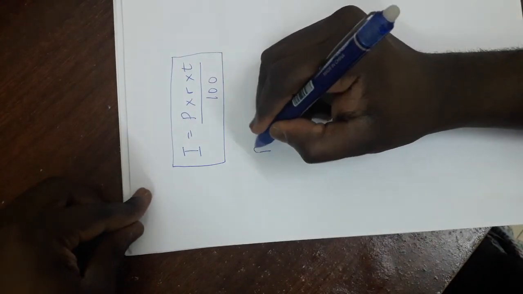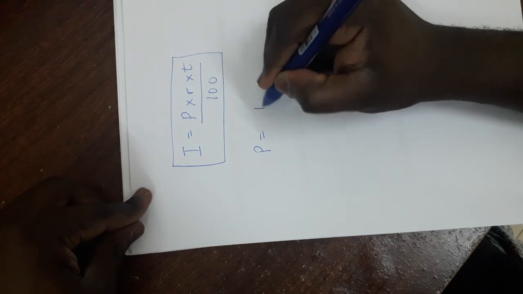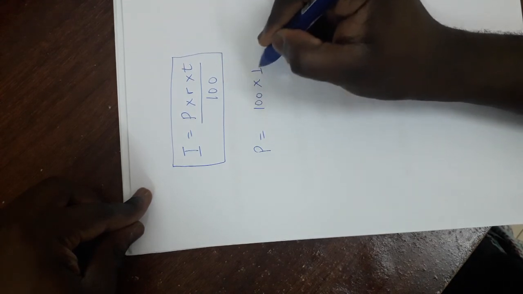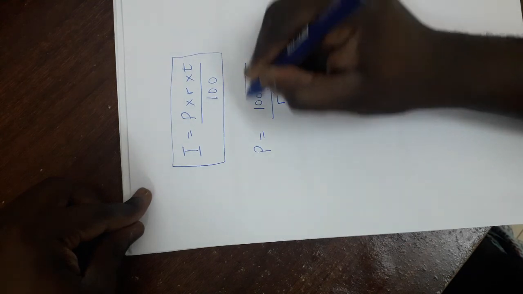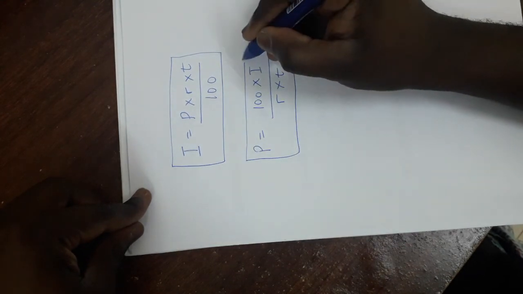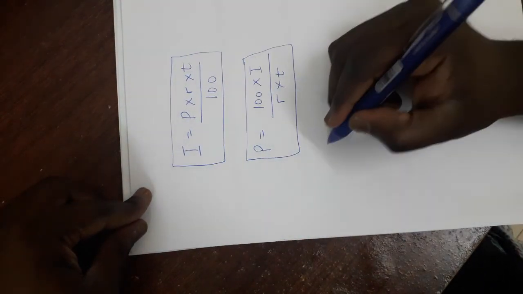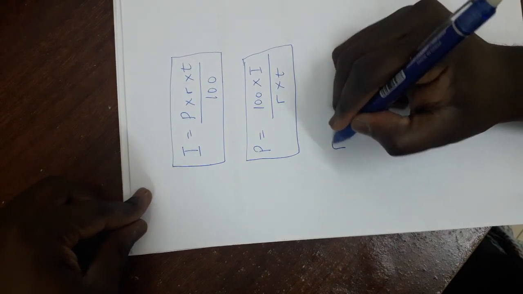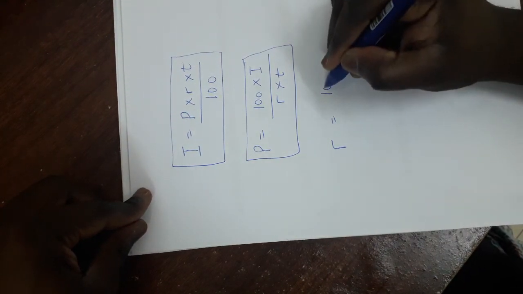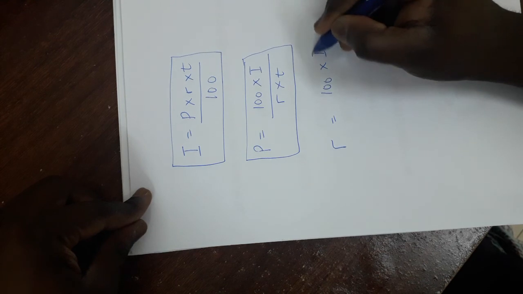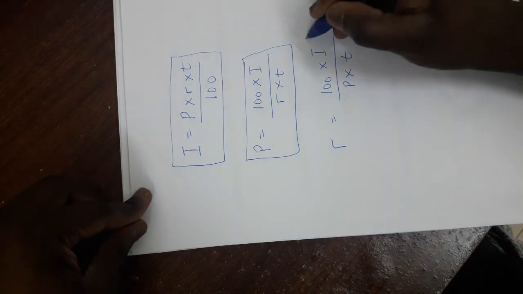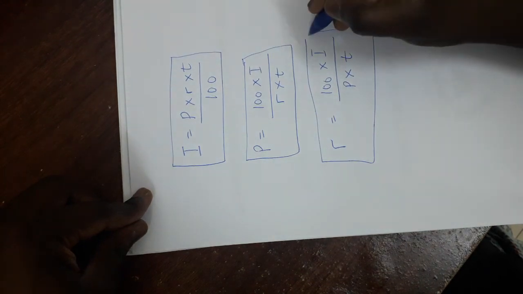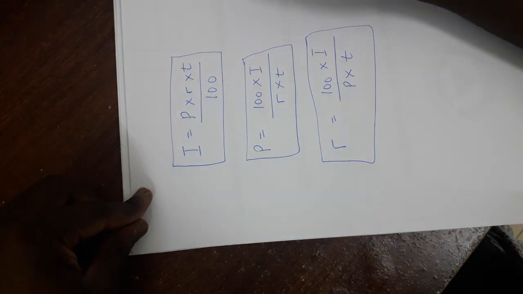If you are calculating the principal, you have 100 multiplied by I divided by R multiplied by T. If you are calculating the rate R, you have 100 multiplied by I divided by P times T.